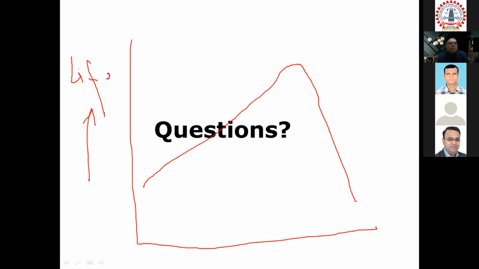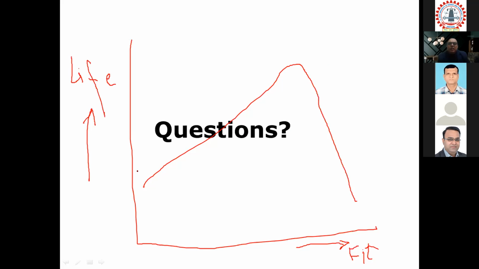I'm using a mouse, so I'm not sure I can write properly. On one axis, I am trying to put the fit. It could be in microns or whatever unit you want to use.